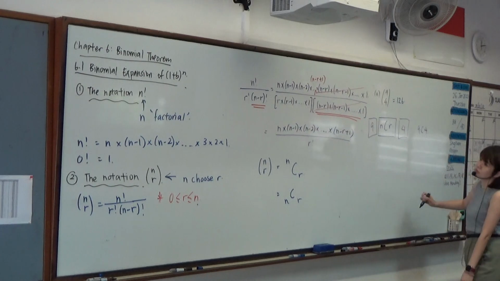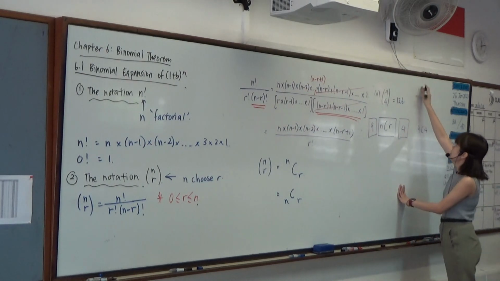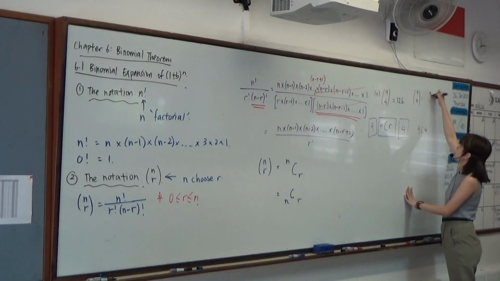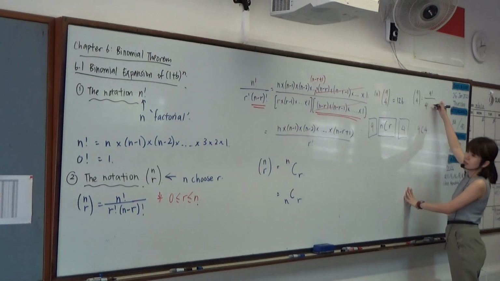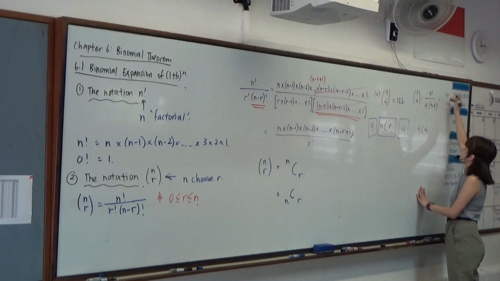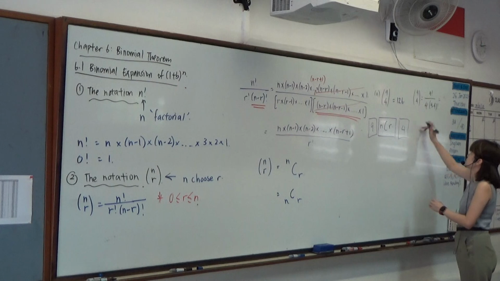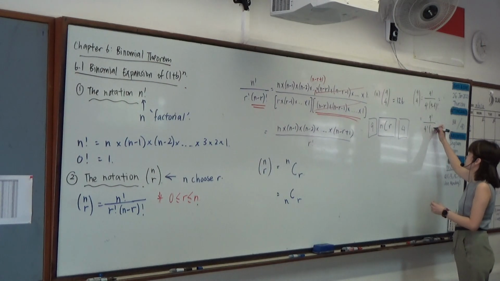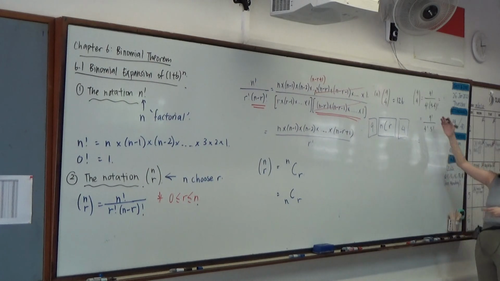If I use the formula, your 9 choose 4 represents 9 factorial over 4 factorial times 9 minus 4 factorial, which is 9 factorial over 4 factorial times 5 factorial. You could press this in your calculator, you should get 126 as well.